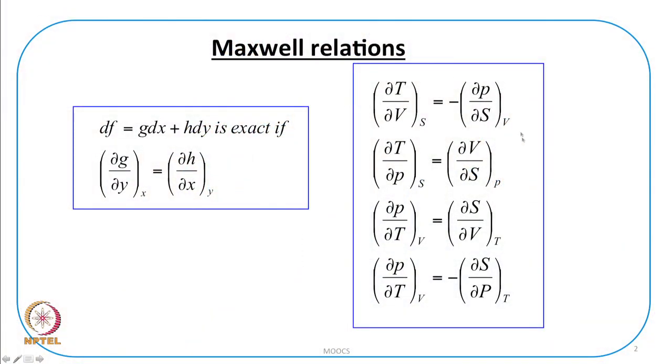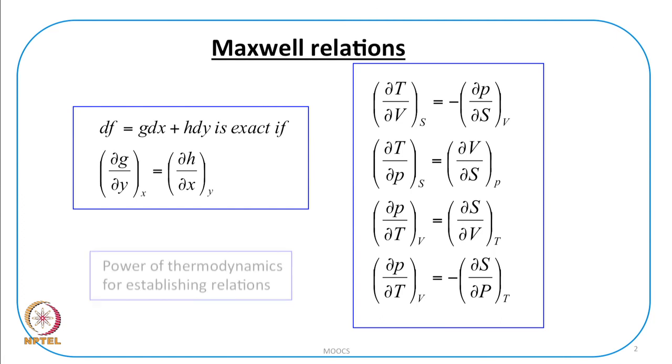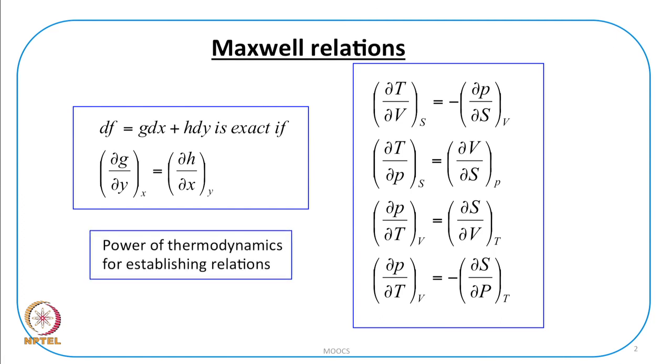So, let us go back to the slide and take a look at all these four Maxwell relations and conclude that they are very important and demonstrate the power of thermodynamics for establishing relations. We will take up some examples during the tutorial sessions later on.